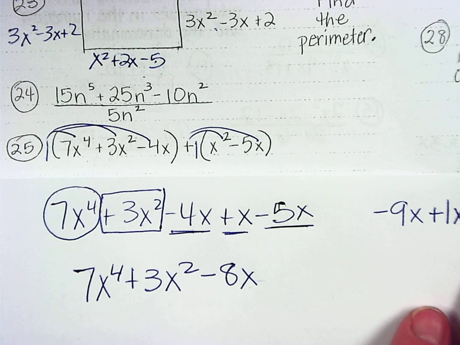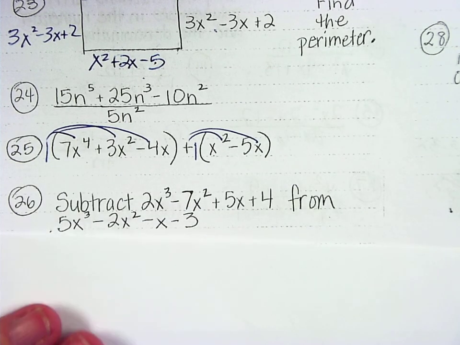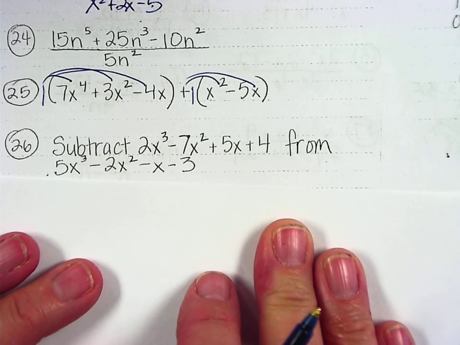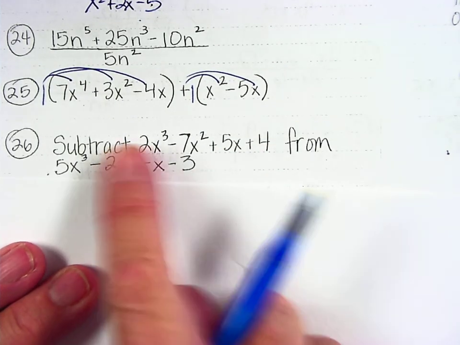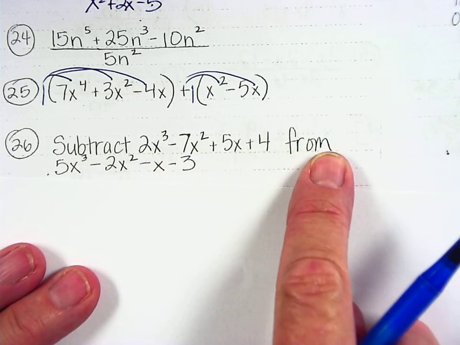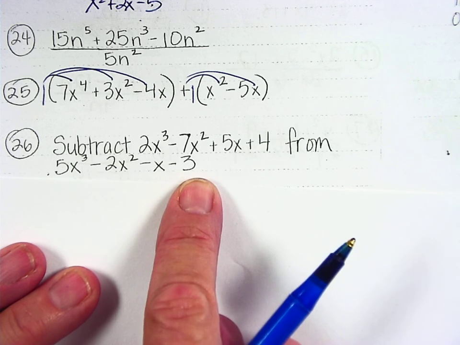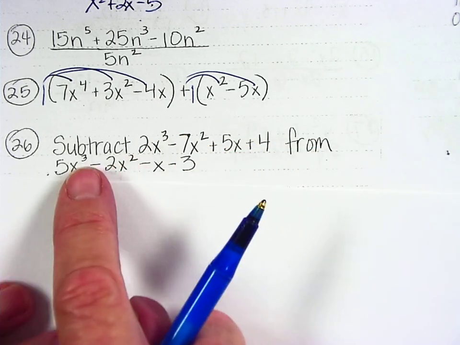This is actually fun, right? This is tricky and it's worded differently, so think about what you're seeing here. We're going to subtract this polynomial from this polynomial. They each have 4 terms, and we're going to take this one away from this one.